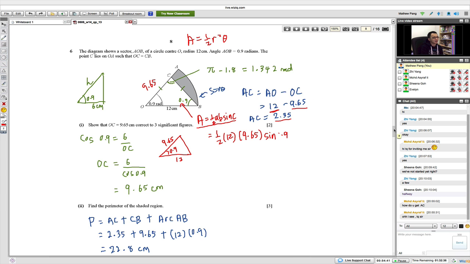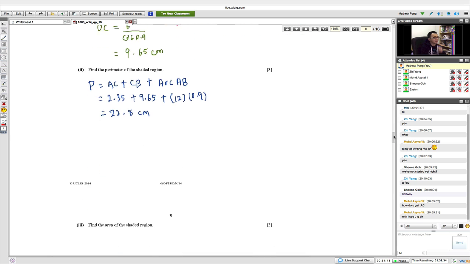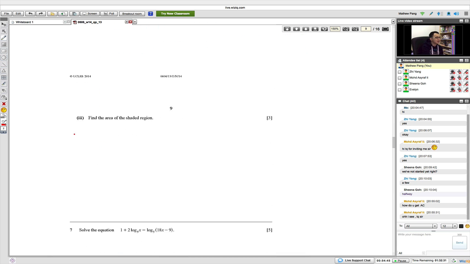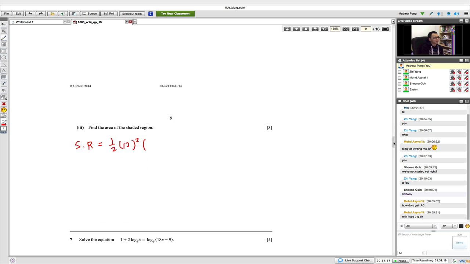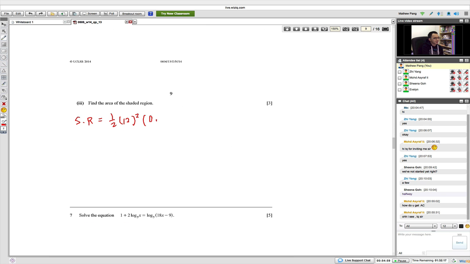So I will do it at the bottom column here. The area of the shaded region: I will use half, r is 12, squared, theta will be, what is the angle in between? 0.9. Minus the area of triangle, which I said just now: half, one of the lengths is 12, the other length will be 9.65, and then multiply by sine 0.9.